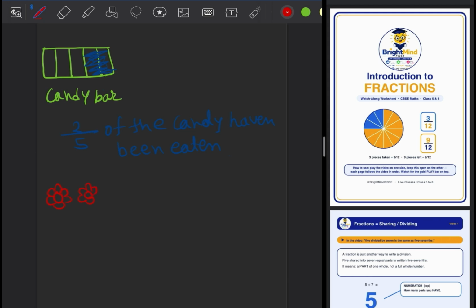I will draw here red color flowers, and the rest of the flowers I will draw in yellow color. Okay, 3 flowers are in red color and 3 flowers in yellow color. Okay, so total flowers are here 6. Okay, so you tell me what fraction of the flowers are red.